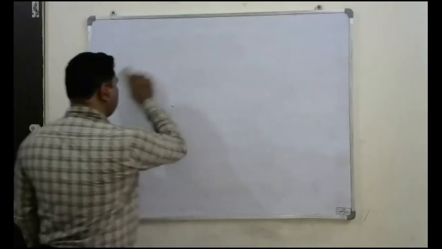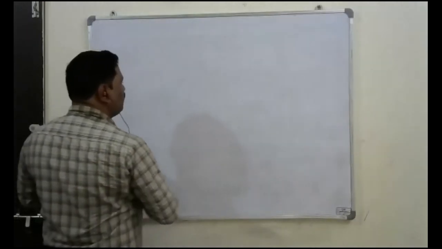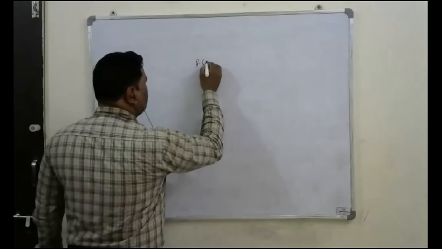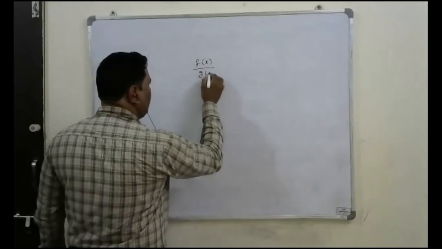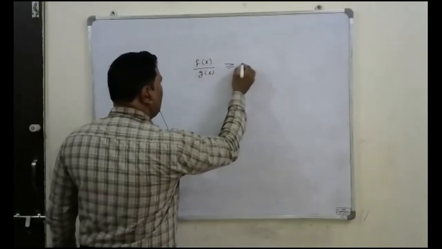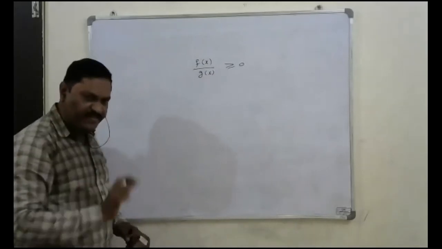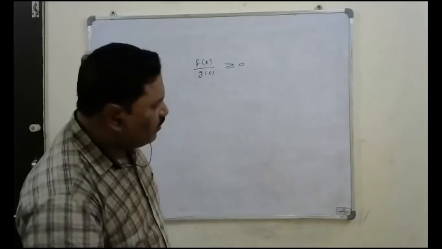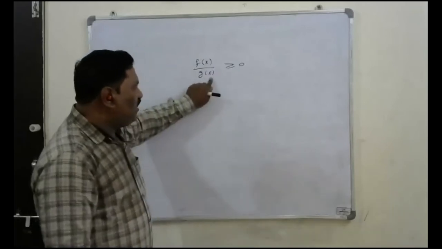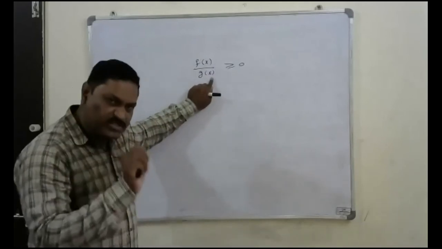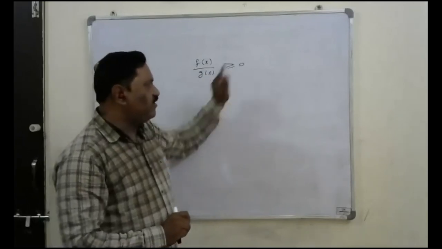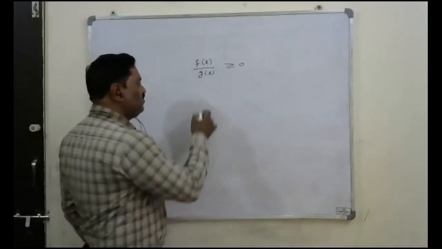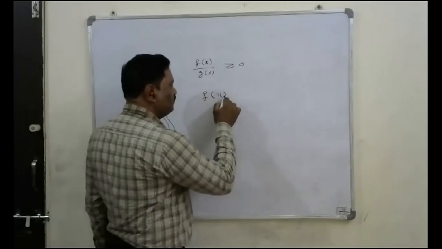Okay. Similarly, suppose any inequation is of this format, f of x by g of x is greater than or less than or equal to 0. How do you solve this inequation? For solving that, clearly if you know that g of x is positive, send it to the other side. No problem, that inequation does not change.